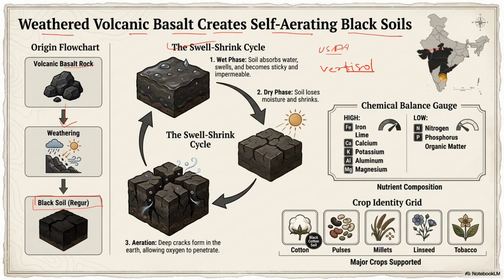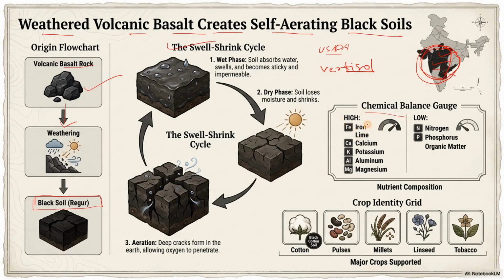And where is it found? It is found in the Deccan Plateau, Madhya Pradesh, Maharashtra, parts of Karnataka, parts of Andhra Pradesh. In this part of India, you will find the black soil. Now, what we have to learn here is the chemical balance.